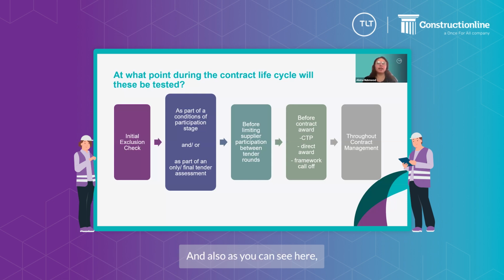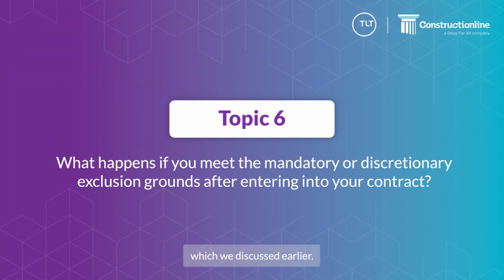And also, as you can see here, in relation to contract management as well. So it may be that throughout the life of the contract, the authorities are also checking whether exclusion grounds apply. And so it'd be really useful if you are also being mindful of any change in circumstances, including in relation to any subcontractors or associated or connected persons, given the implications of the implied termination right, which we discussed earlier.